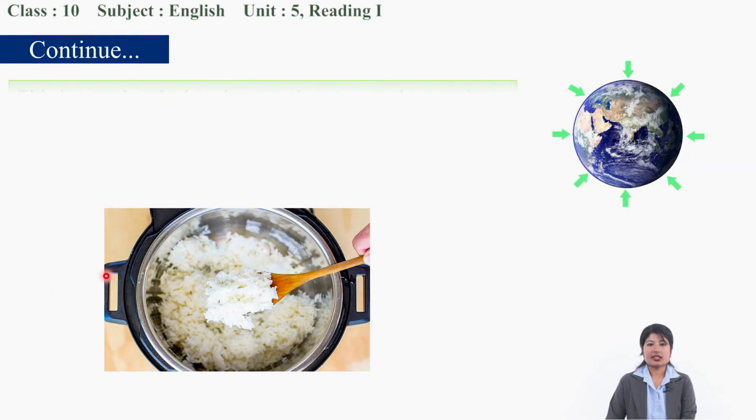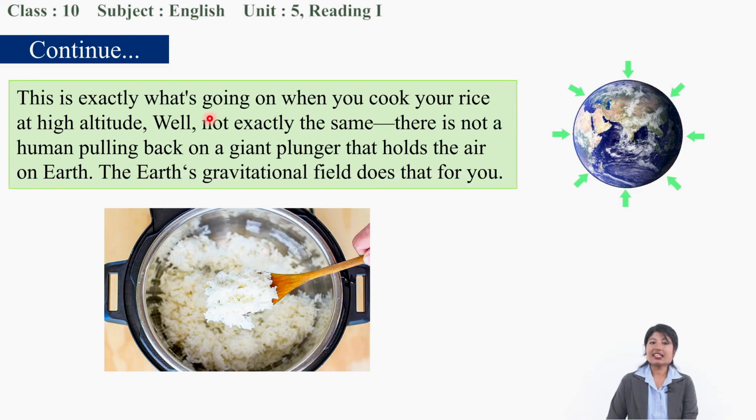All right. So this is exactly what's going on when you cook rice at high altitude. Well, not exactly the same. There is not a human pulling back on a giant plunger that holds the air on the earth. The earth's whole air cannot be held with a big syringe or plunger, right?